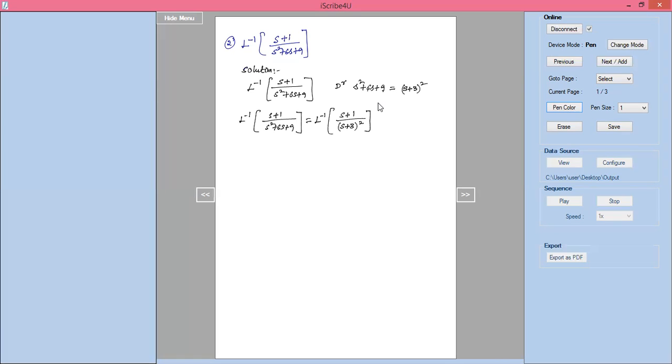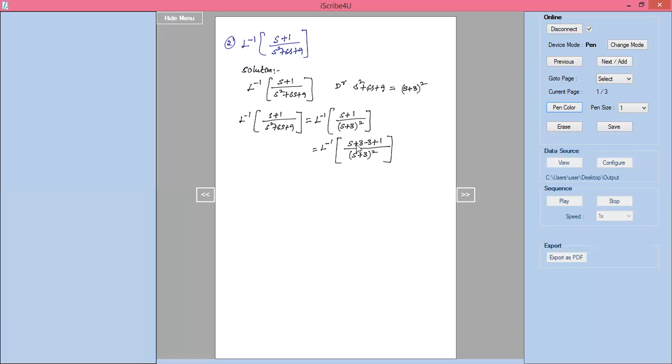Now this I will write in the form of L inverse of s plus 3 minus 3 plus 1 divided by s plus 3 whole square. Why am I writing plus 3 minus 3? This one should be in the form of s plus 3, and this one also I have to write in the form of s plus 3 only. So for that sake, I am subtracting here like that.